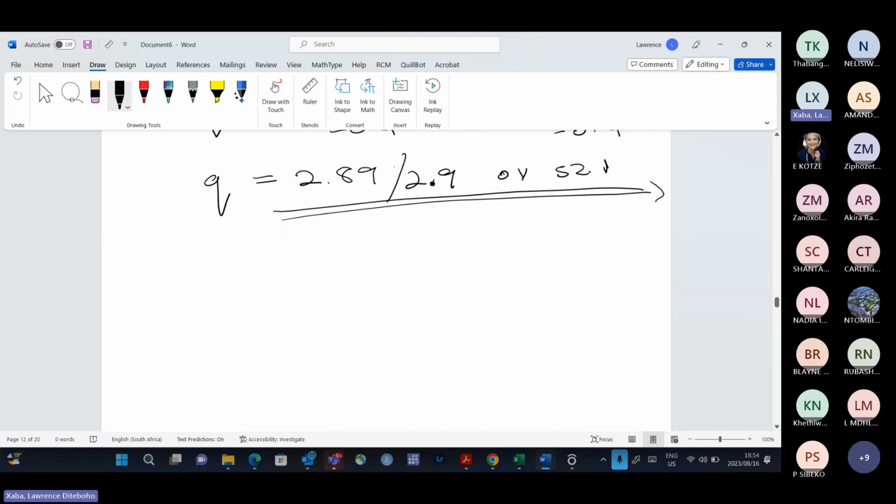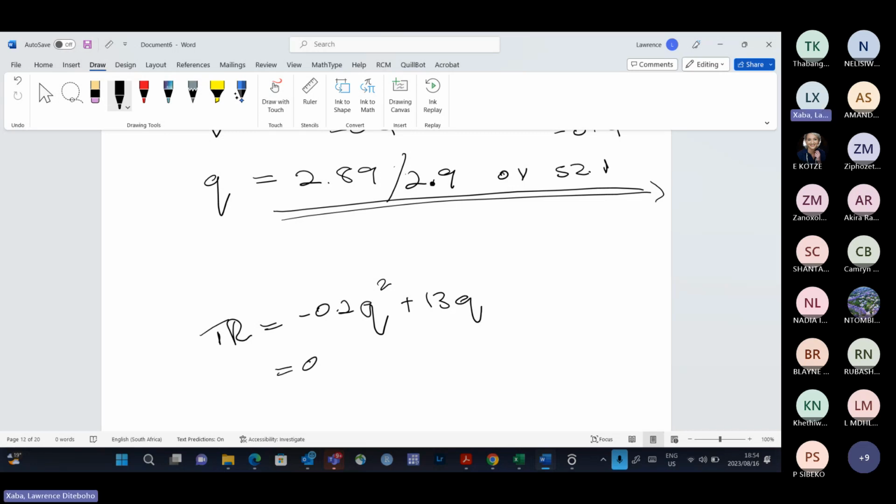First one, we said we have 2.9 as our Q. So total revenue there is equal to negative 0.2 squared plus 13.